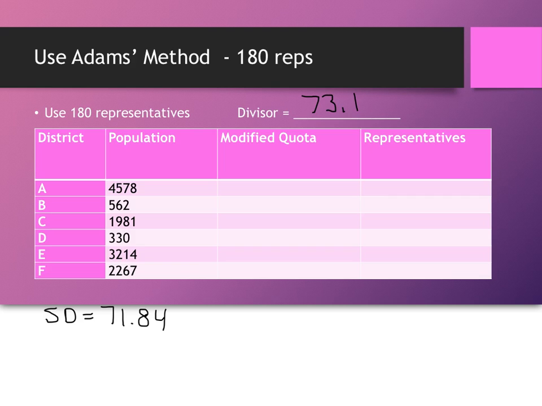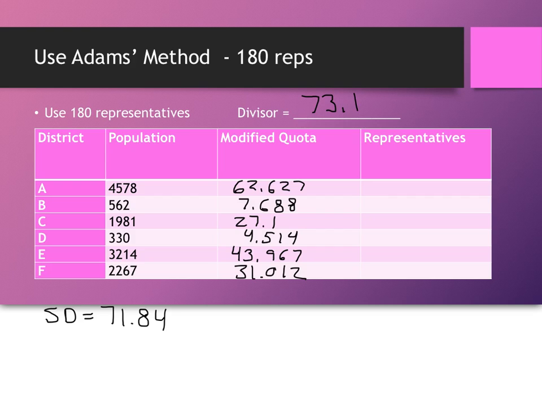Once I had 73.1, the modified quotas are 62.627, 7.688, 27.1, 4.514, 43.967, and 31.012.